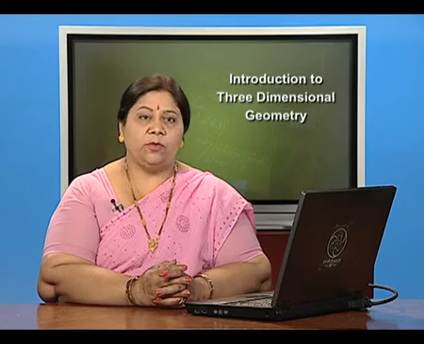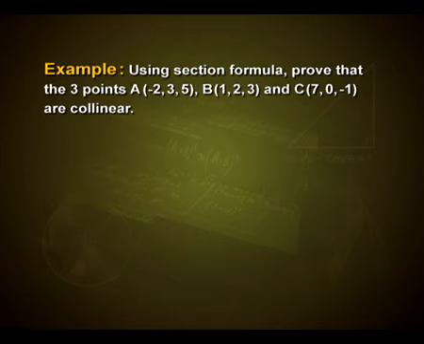Let us look into one more example here. Using section formula, prove that the 3 points A (2, 3, 5), B (1, 2, 3) and C (7, 0, -1) are collinear.